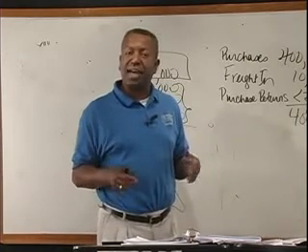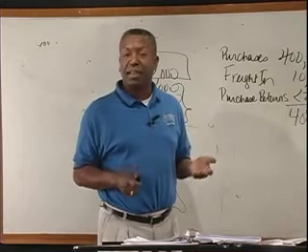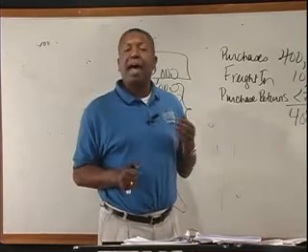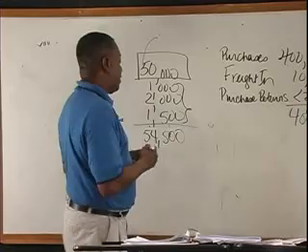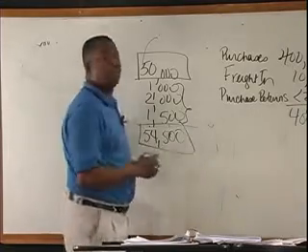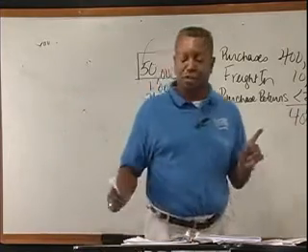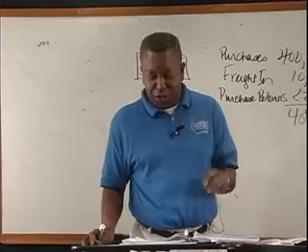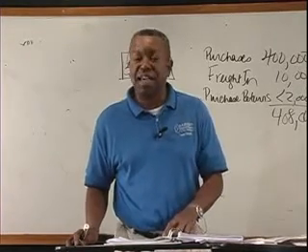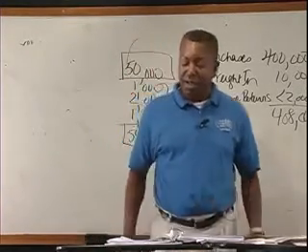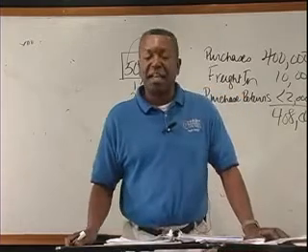Now let me just say this. If perhaps this would have been FOB shipping point, then the answer would have been 54,500. But for number 2, our answer is D, 50,000, because it's FOB destination.